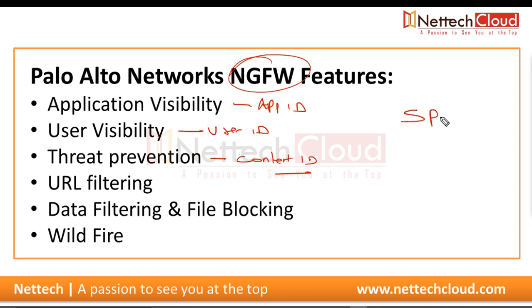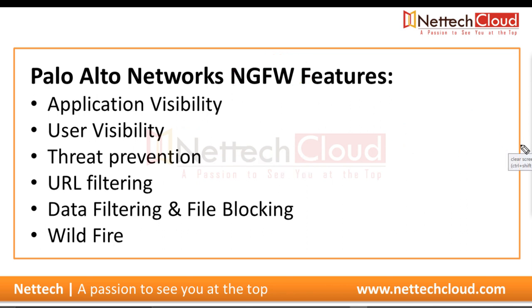I will talk about SP3, single pass parallel processing architecture, in the next module, in fact. So I'm not going to talk about SP3 here. And the URL filtering, you understand, and data filtering, file blocking, WildFire. So they all are security features of Palo Alto firewall.